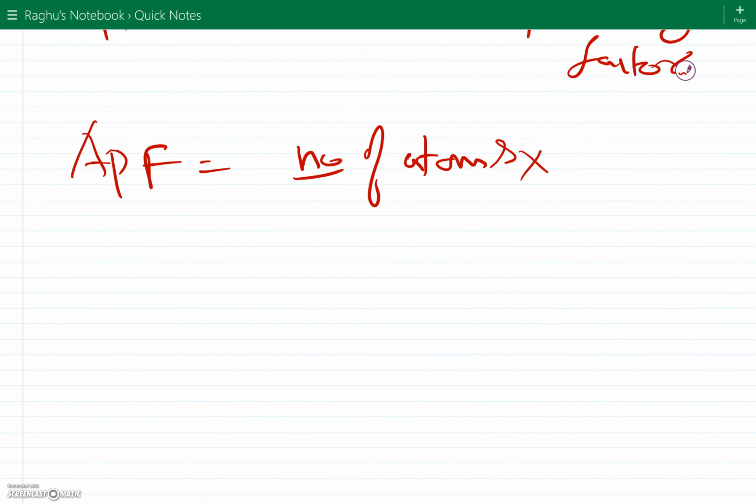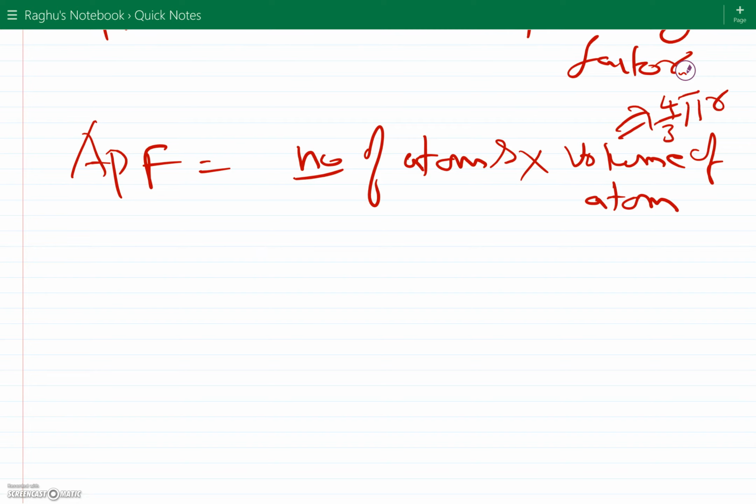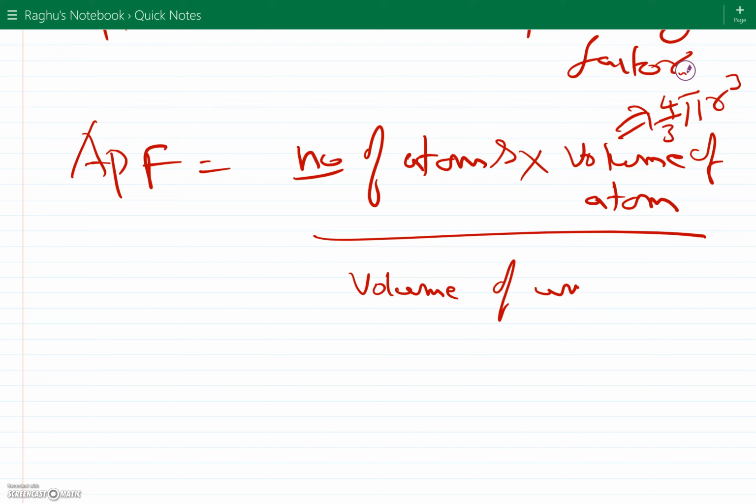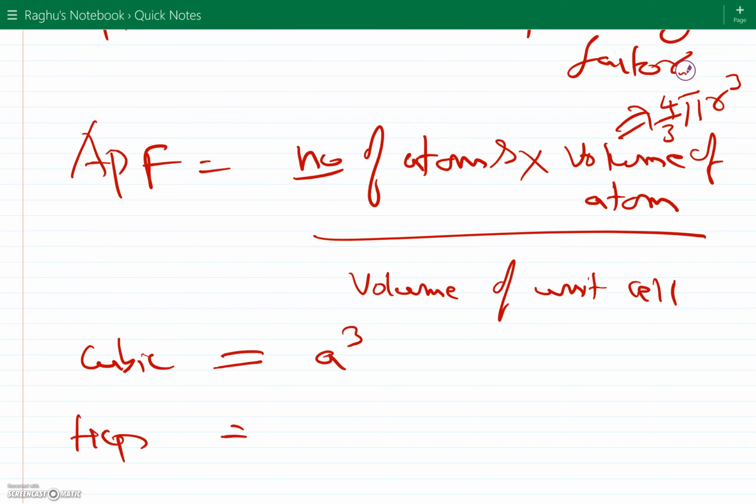Then you multiply by the volume of an atom, and since atoms are hard spheres in this case, it's 4/3 pi r cubed, and then you divide by the volume of the unit cell. For the cubic structure, the unit cell is just a cube, but you can also do it for HCP, which we did in class.